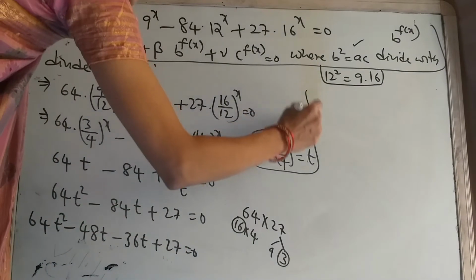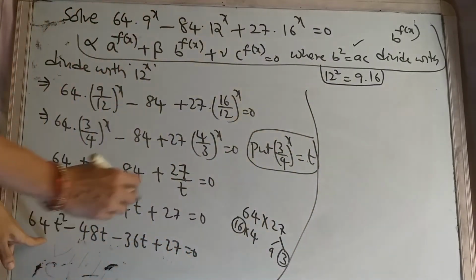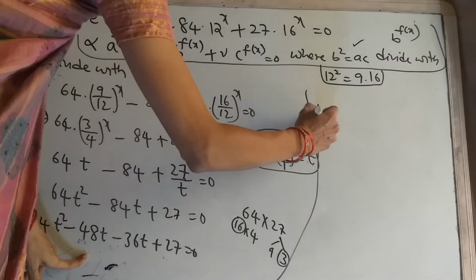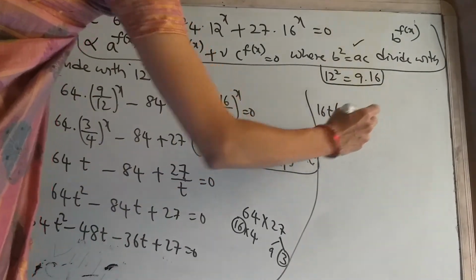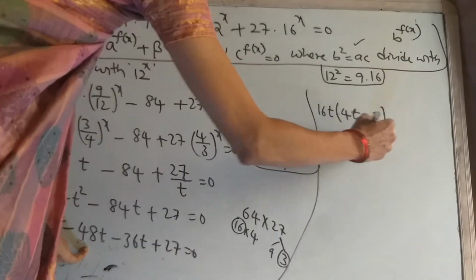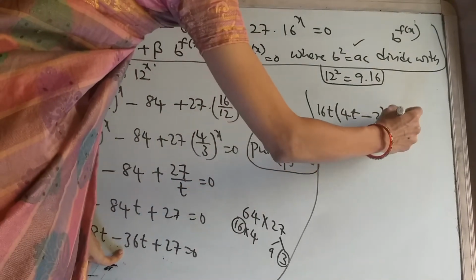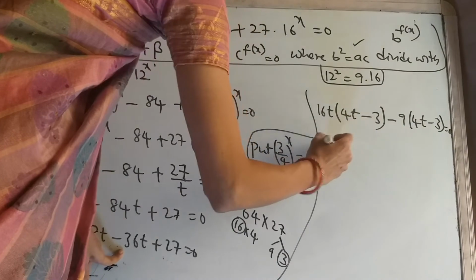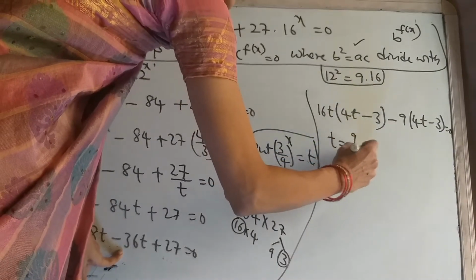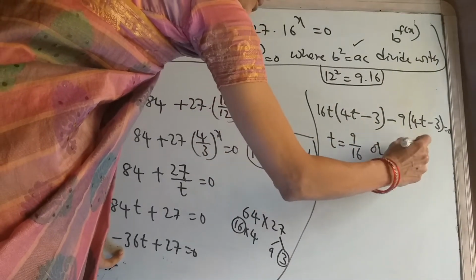So after that, from 64 t and 48 t you take 16t common: 4t minus 3. Then here minus 9 common: again 4t minus 3 equal to 0. Means here t equal to 9 by 16 or t equal to 3 by 4.